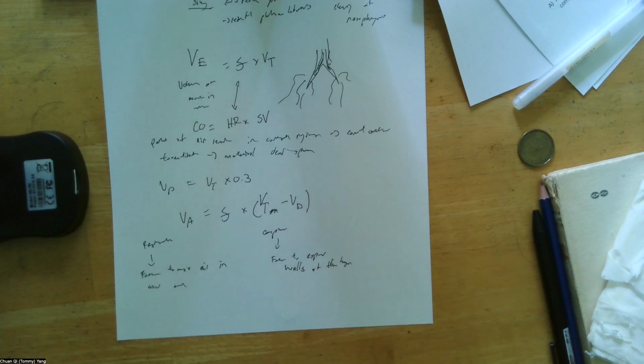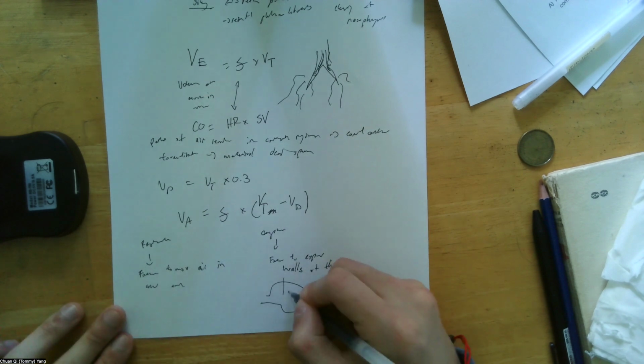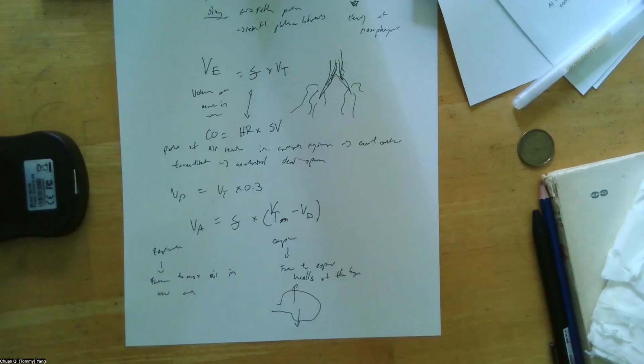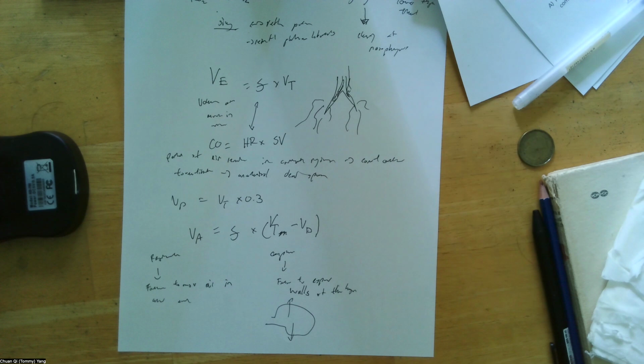So compliance is how much pressure is needed to expand the lung. If you have a balloon, how much energy or force it takes to expand this balloon or make it bigger, that is how much compliance you get at a given pressure.